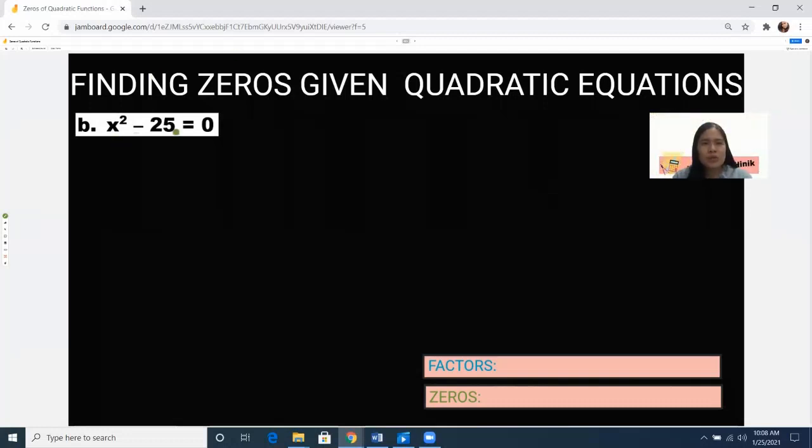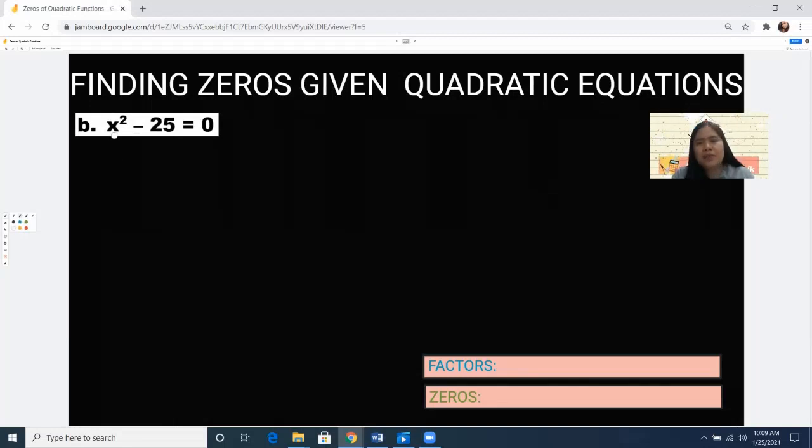Like for this one, it is very easy to use the factoring method, or you may use the quadratic formula or completing the square. Whatever method is easiest on your part, it doesn't matter. You may also use the graphing method by checking it on the Desmos graphing calculator. But let me use factoring in here.